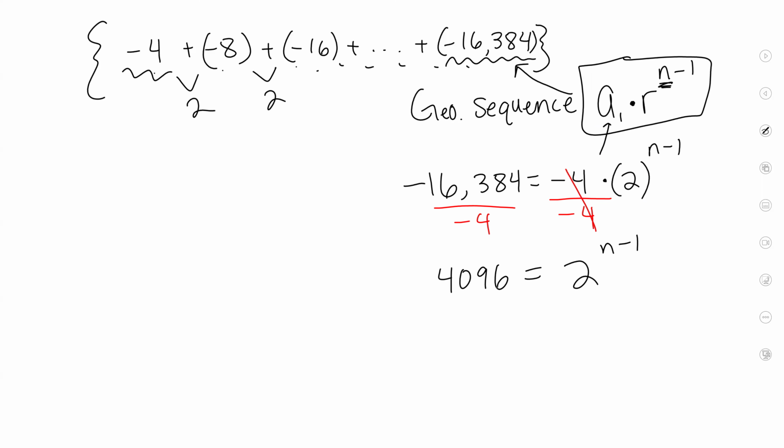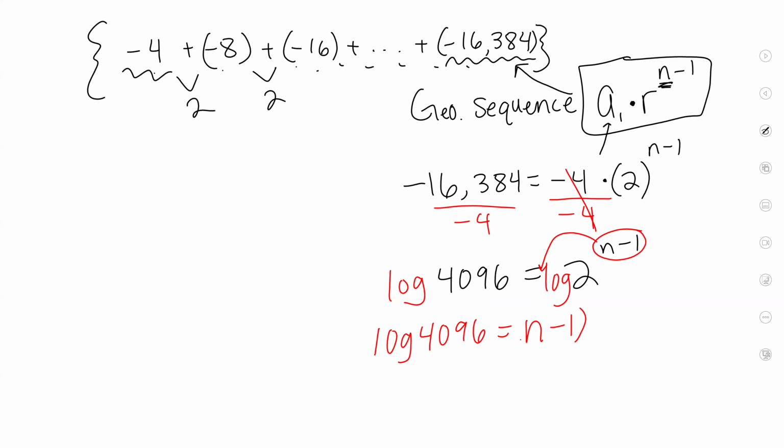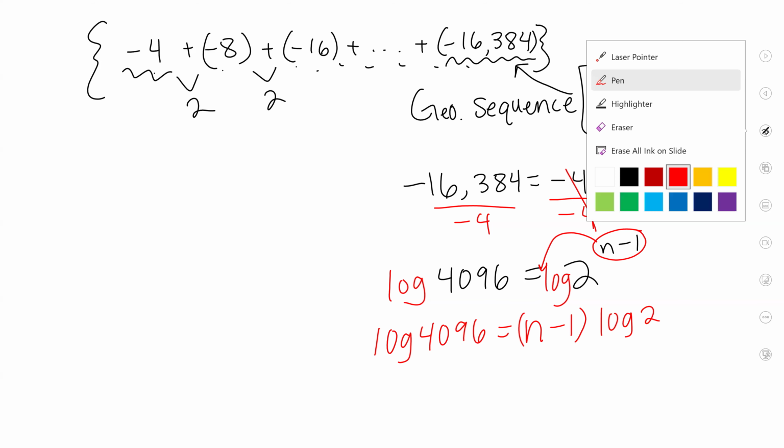Okay, so now guys, I'm going to go ahead and take the log of both sides. When I take the log of both sides, this becomes log of 4096 equals, remember, we have to do the power rule. This exponent can come to the front. N minus 1 times log 2. What do I do now?